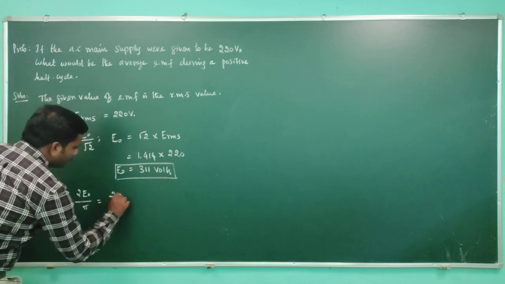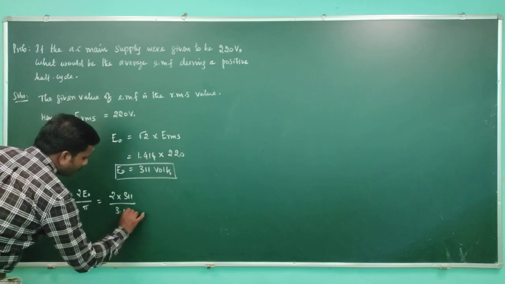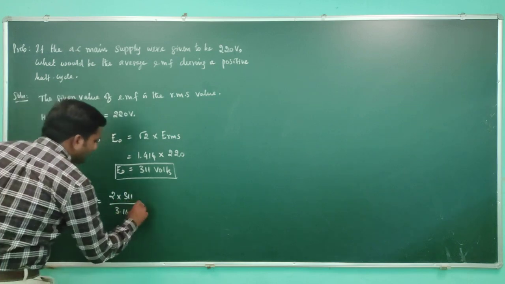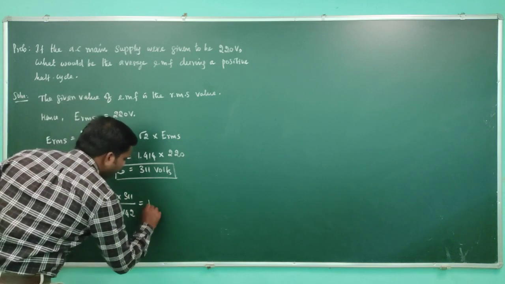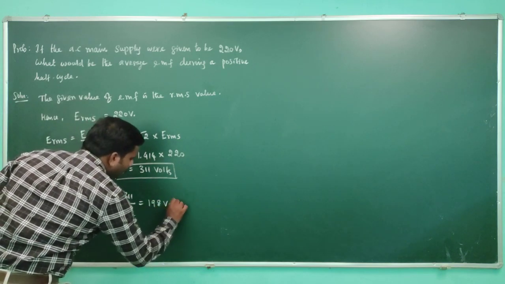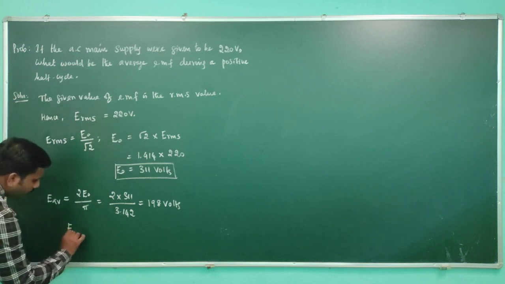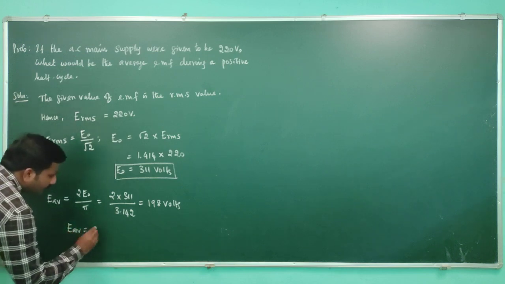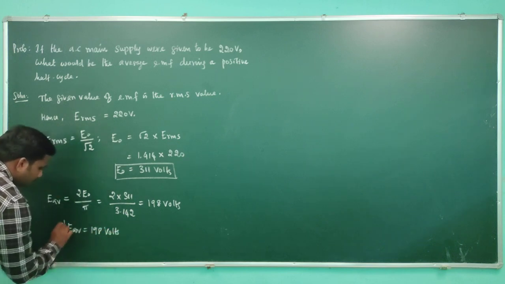So 2 times E naught, 311, divided by pi, which is 3.142. If you substitute and simplify these values, we will end up with 198 volts. You can do it using your calculator. So E average will be 198 volts.